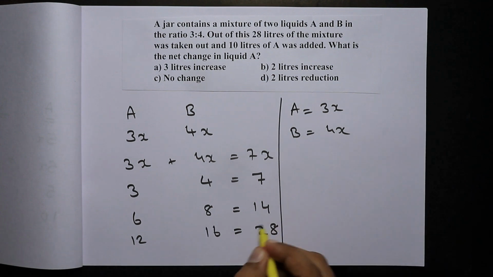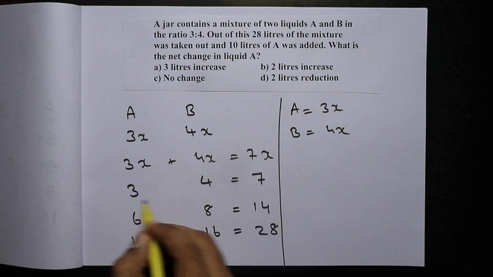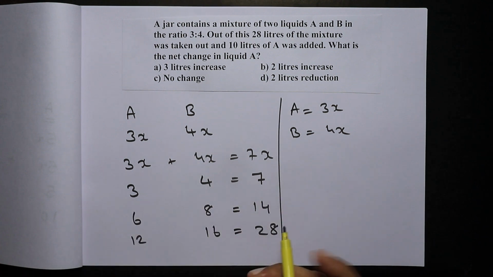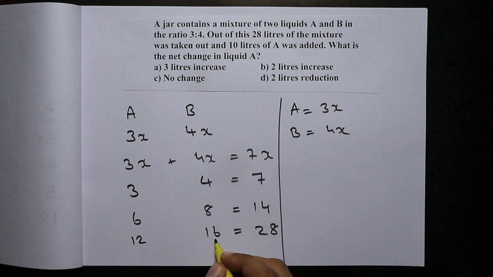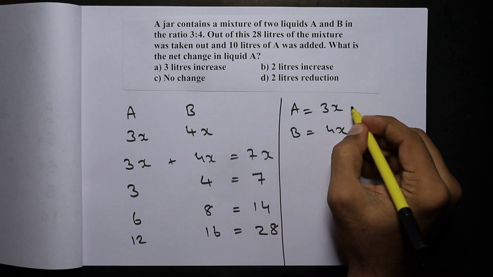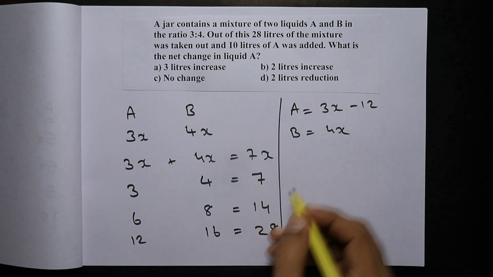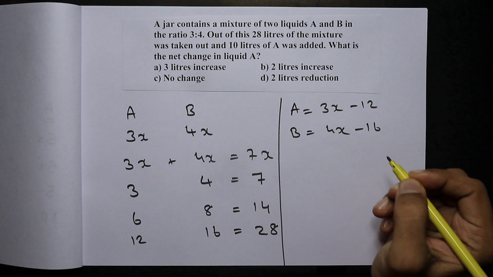And 28 liters have been removed. 7 will contain 3 of A and 4 of B. In the same ratio, 28 will contain 12 of A and 16 of B. So 28 liters is removed. So effectively 12 liters of A is removed and 16 liters of B is removed.